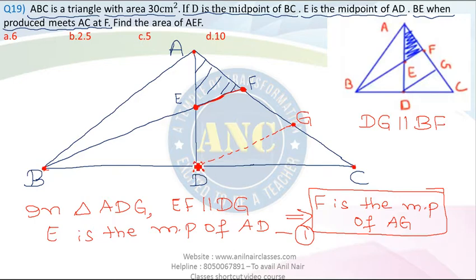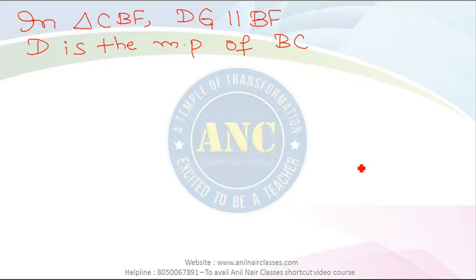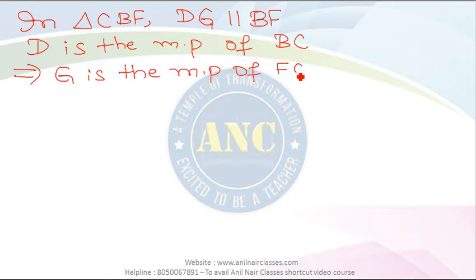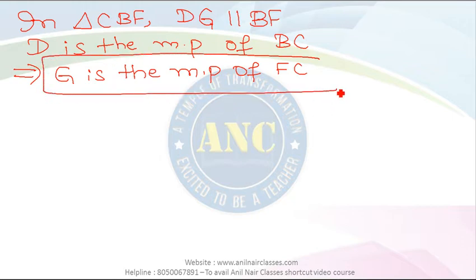Because of that, I can also say that this particular point G is the midpoint of FC. I hope you are understanding very clearly. G is the midpoint of FC. This I will call my equation 2.